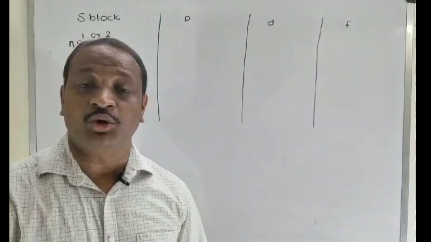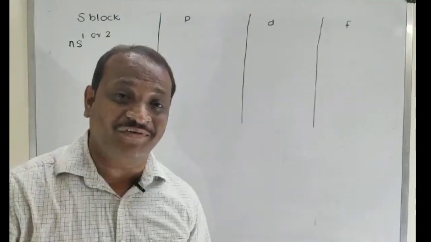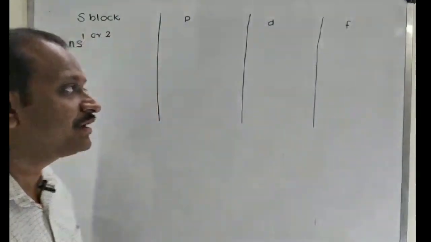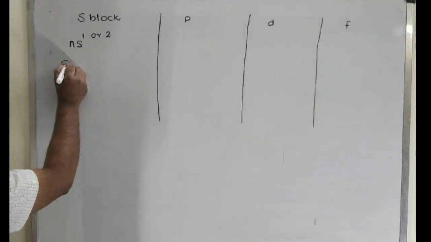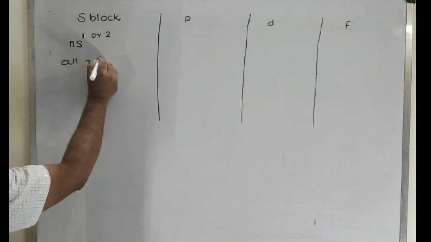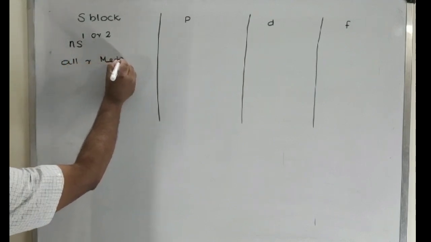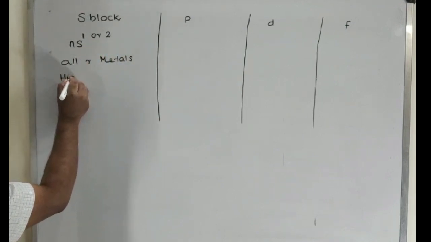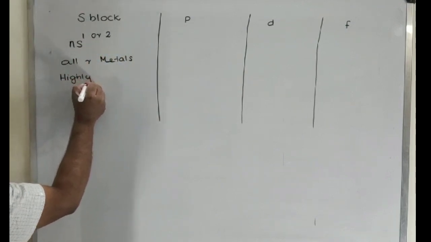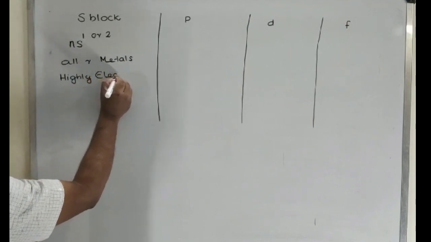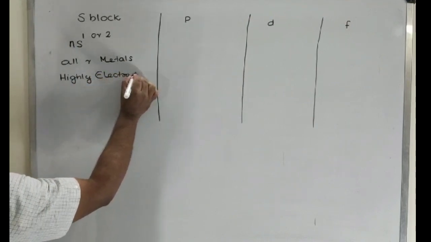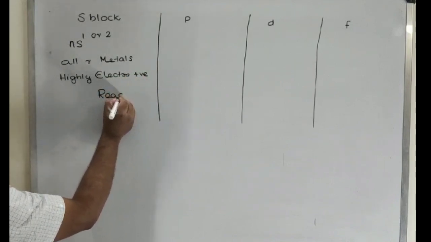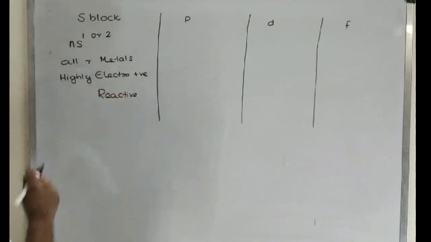When you keep sodium or potassium in water, they catch fire, so they are highly reactive. So what are the characteristics of S block? All these elements are metals, and they are highly electropositive and highly reactive, as I told you.